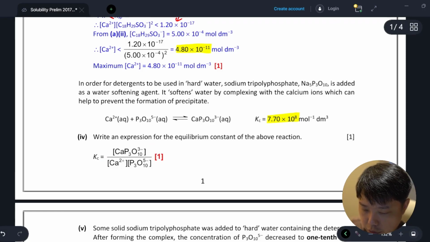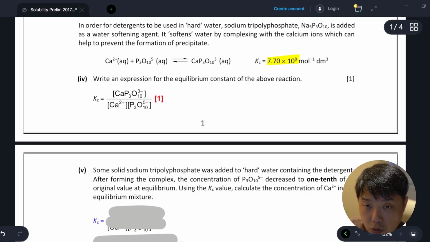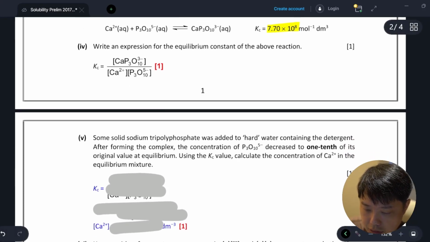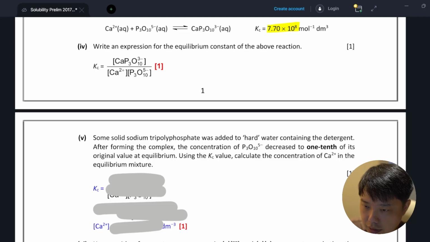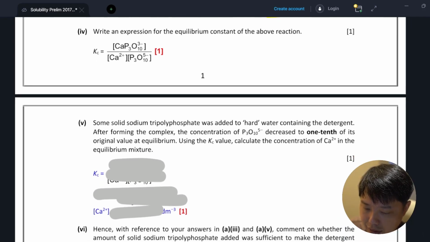I think this is fairly straightforward: product over reactants. Part 5, some of this sodium tripolyphosphate was added to hot water containing the detergent. After forming, it decreased to 1/10 its original value at equilibrium. Using the Kc value, calculate the concentration of calcium 2+.